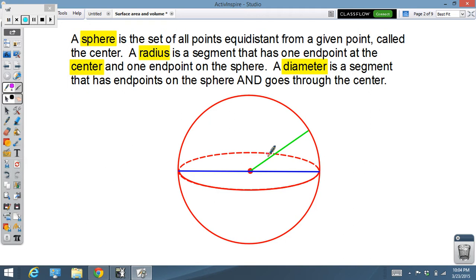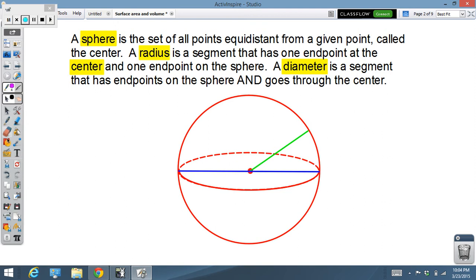Now, a radius would be a segment that has one endpoint at the center and one endpoint on the sphere. The green line here would be a radius. A diameter would be a segment that has endpoints on the sphere, going from one side to the other, and also goes through the center.